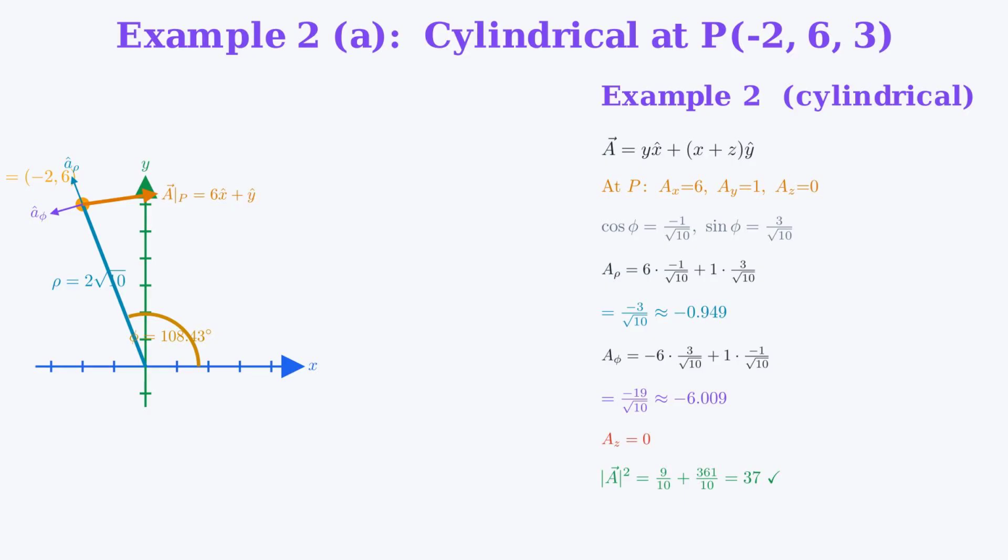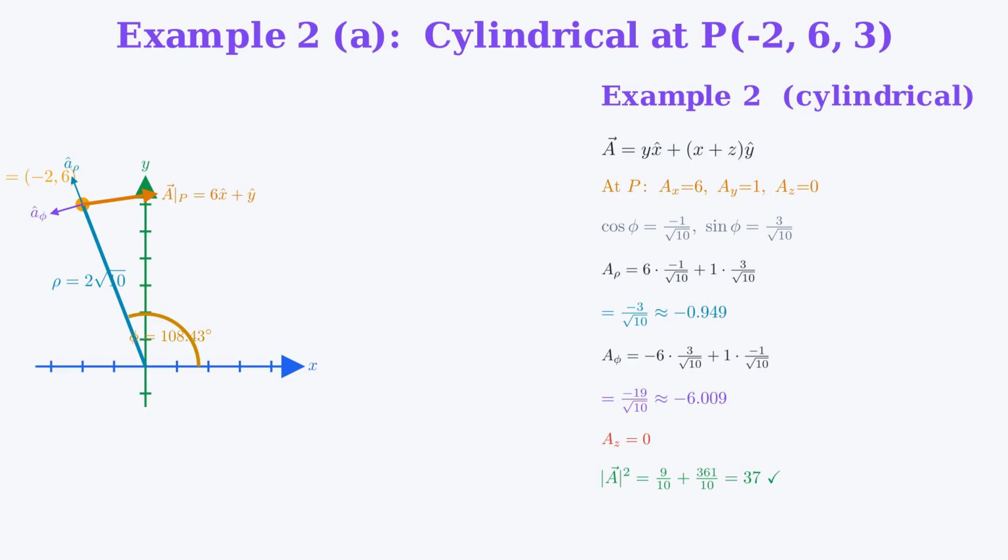At P, Ax equals y equals 6. Ay equals x plus z equals minus 2 plus 3 equals 1. Az is 0. So at P, in Cartesian, A equals 6x hat plus 1y hat, 0 z hat.